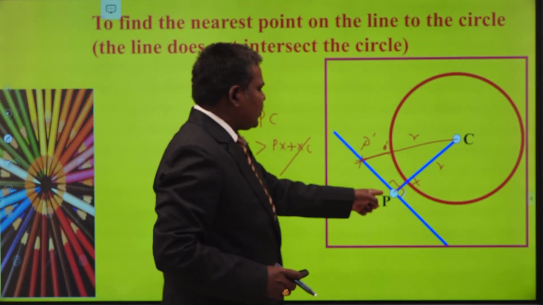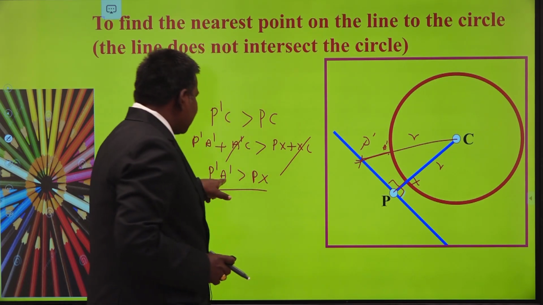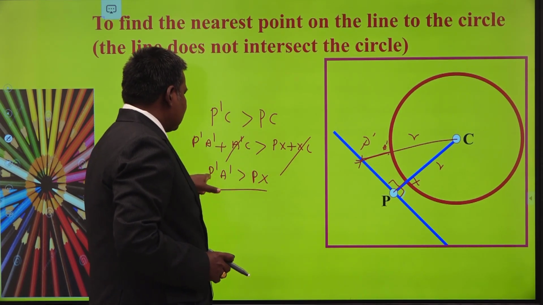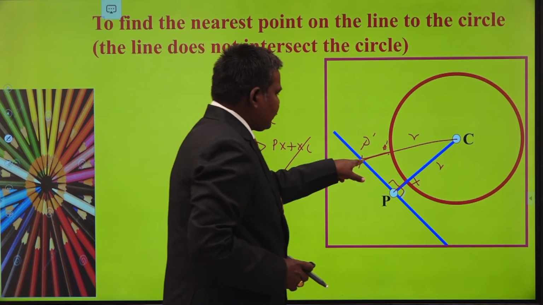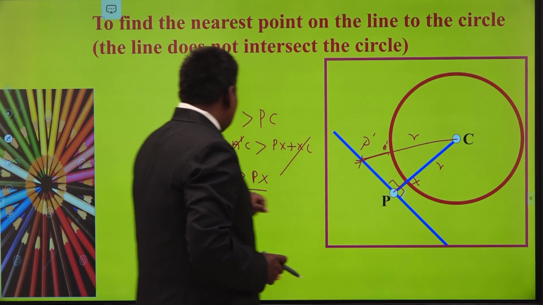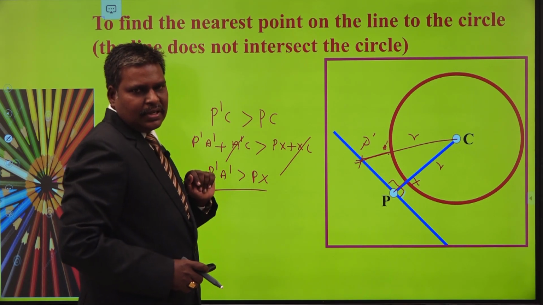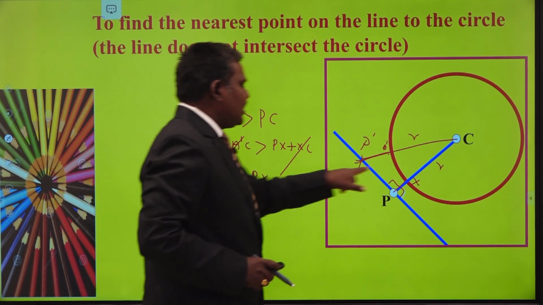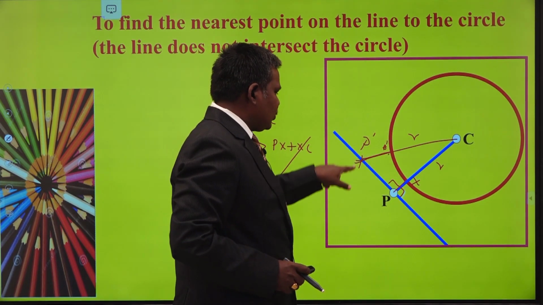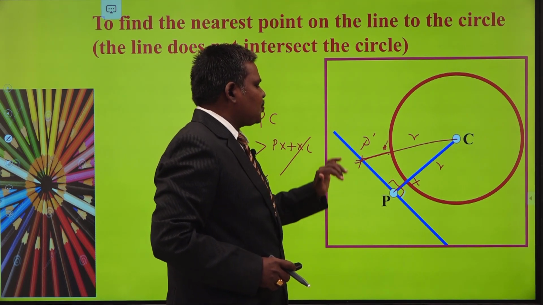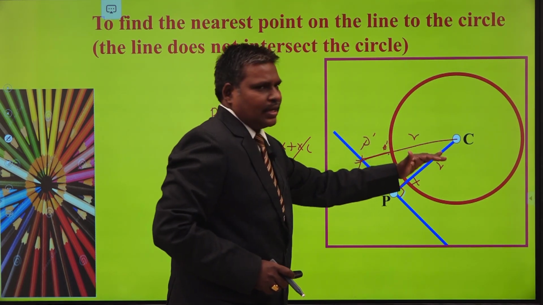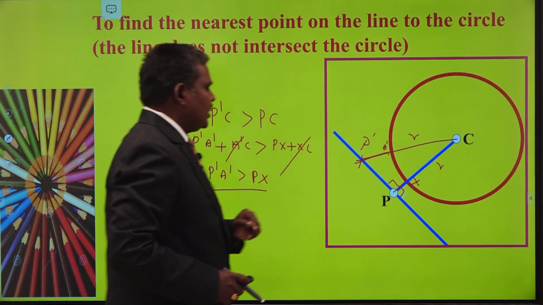This is the nearest point. So A dash is farther than X. Right? So X is the nearest point on the circle to the line. P is the nearest point on the line to the circle. Two birds with one shot.